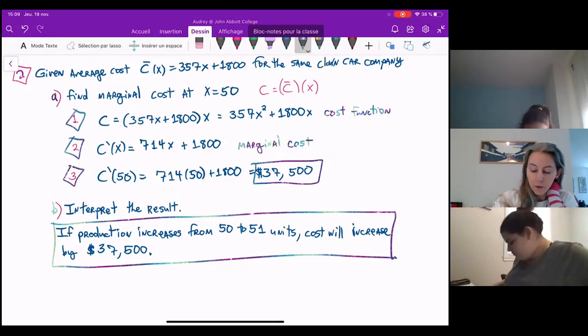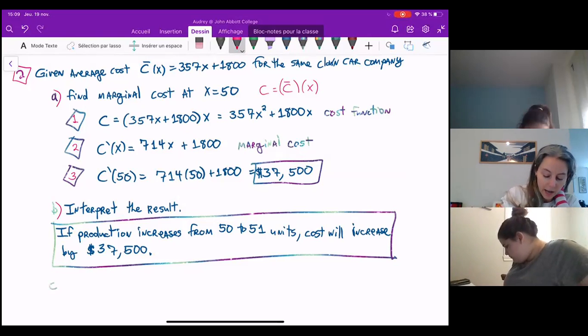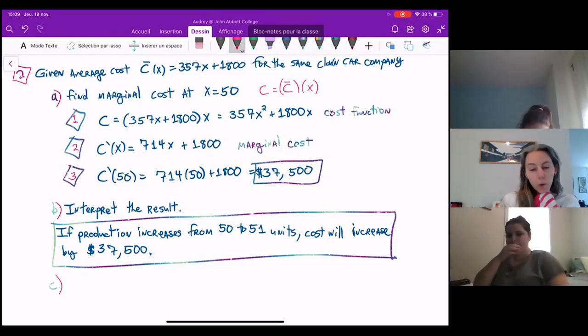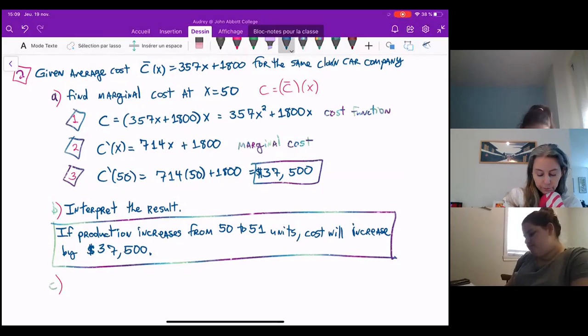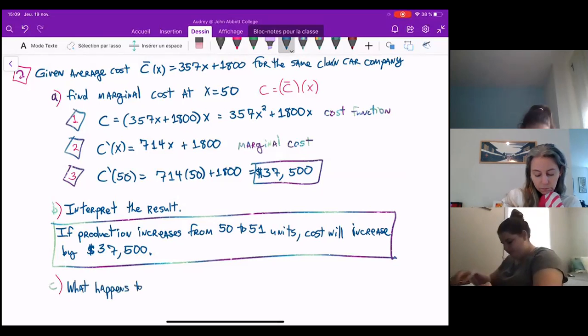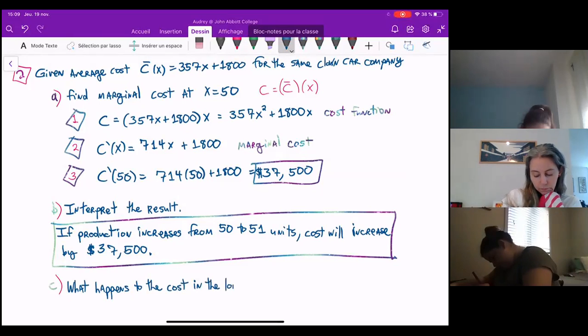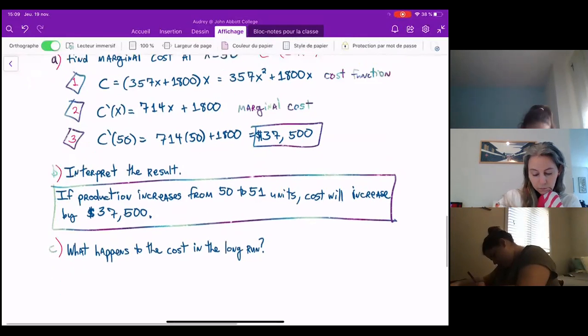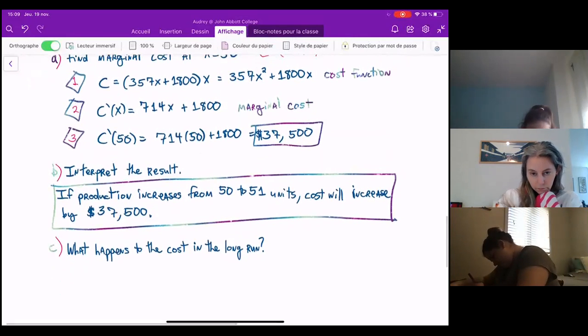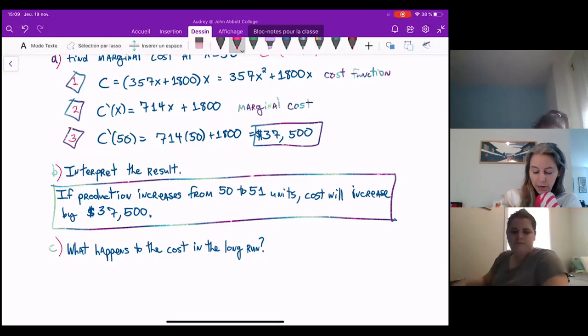Okay, so now I'm going to add one question to this that we didn't ask before, which is what happens to the cost in the long run? What does in the long run mean?